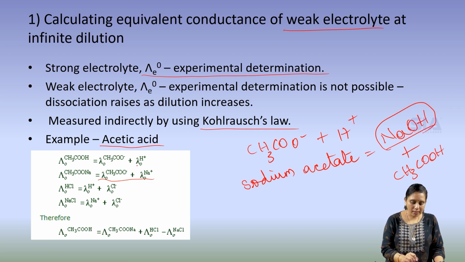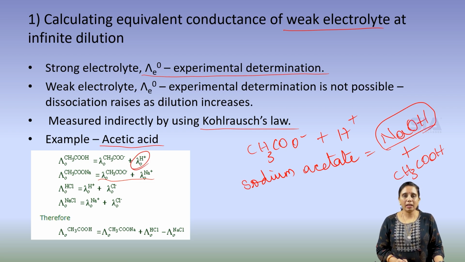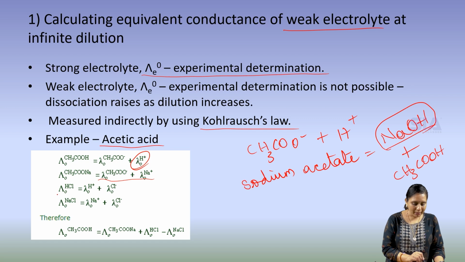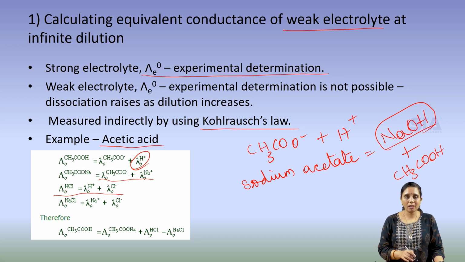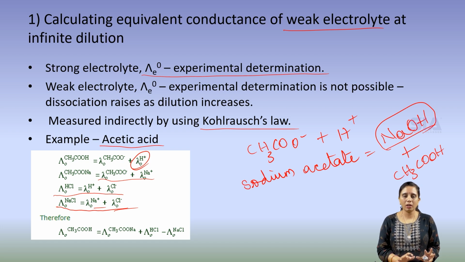Similarly, H plus comes from HCl, which dissociates as H plus and Cl minus. And NaCl dissociates to give Na plus and Cl minus. So all the component ions we have got here.